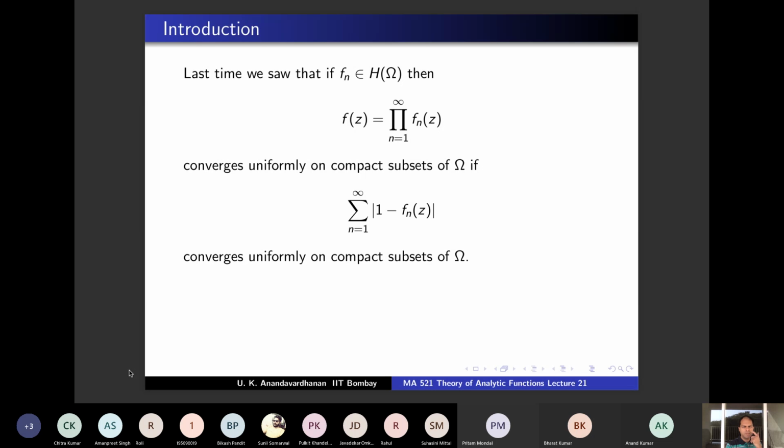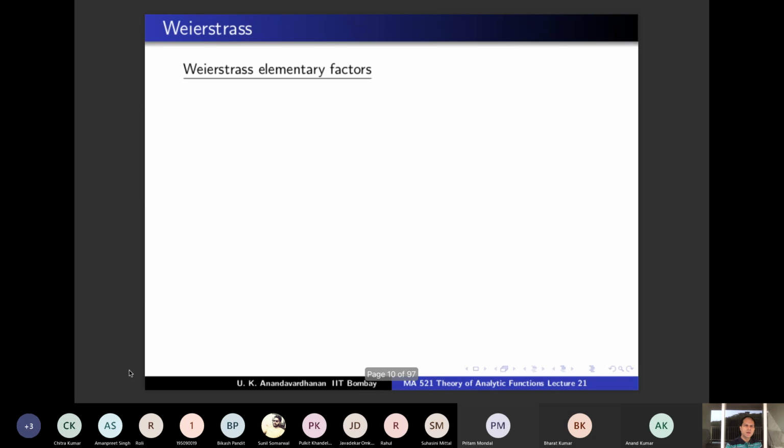So this we proved last time. And this is all that we need for today. And moreover, we know the multiplicity of f at a point is the sum of the multiplicities of the individual functions. So today we will do the Weierstrass theorem making use of this result.